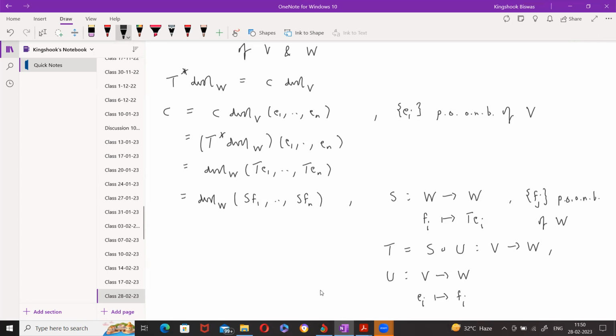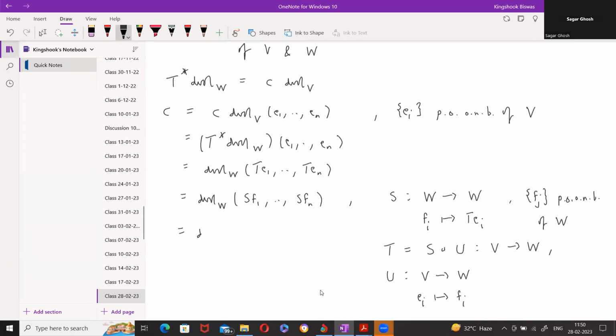So this dvol_W of (S F1, ..., S Fn), S is a map from W to W. So we know how the top degree forms transform under endomorphisms.